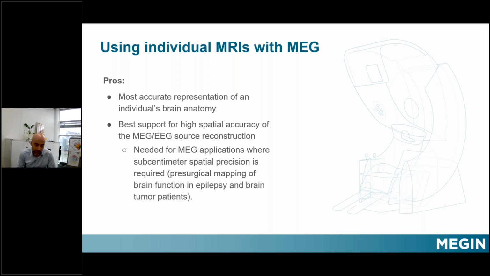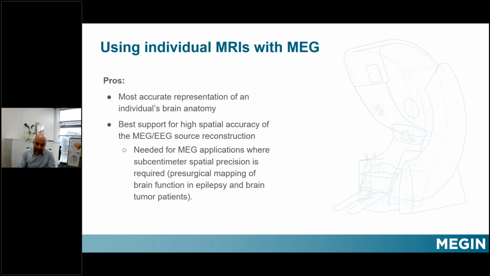Now, individual MRIs are, of course, the most accurate way to go about this. It is the most accurate representation of an individual's brain anatomy, at least the most accurate non-invasive way of getting that information. And as such, it provides the best support for high-accuracy MEG and EEG source reconstruction.